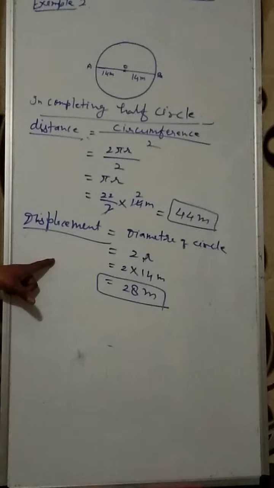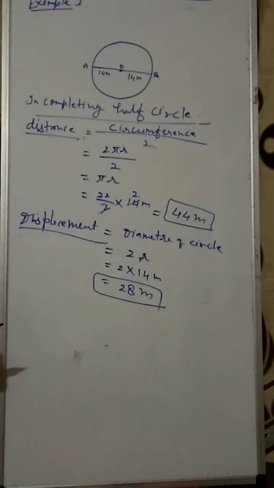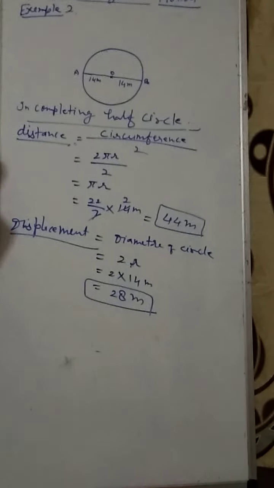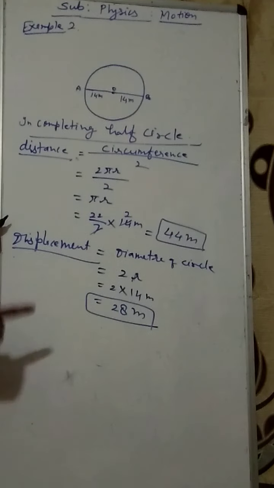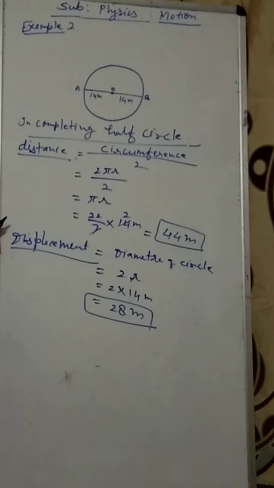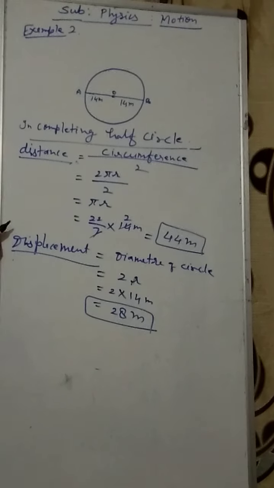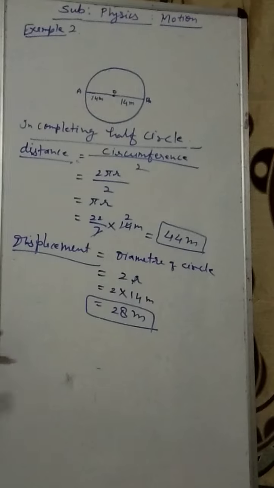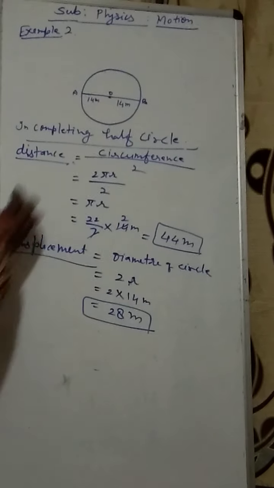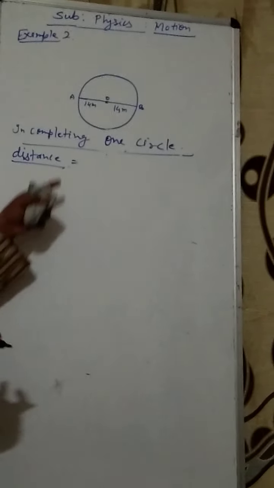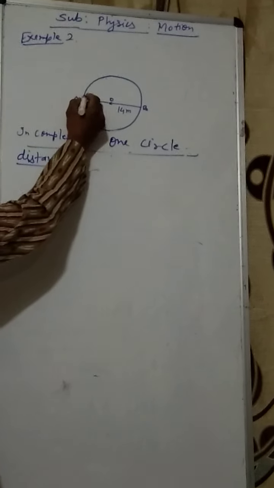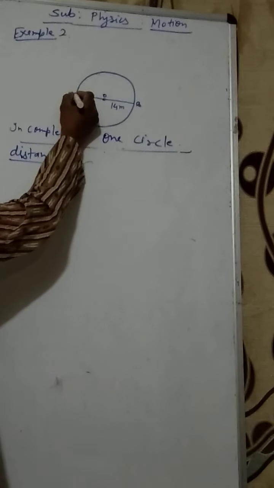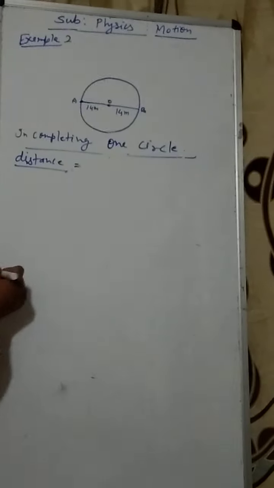I think, are you getting this point? Please remember this point. In a circular path, distance is always equal to circumference in one complete cycle. Okay, now I am taking the complete cycle. In completing one circle, it starts from A and again comes to the point A, and one circle is equal to the complete circumference.